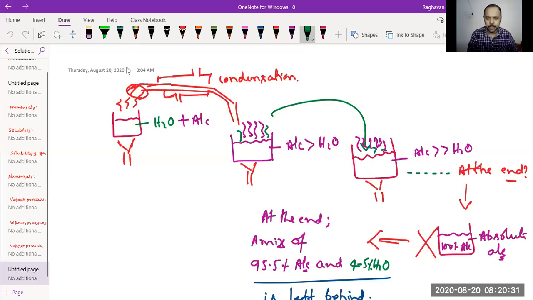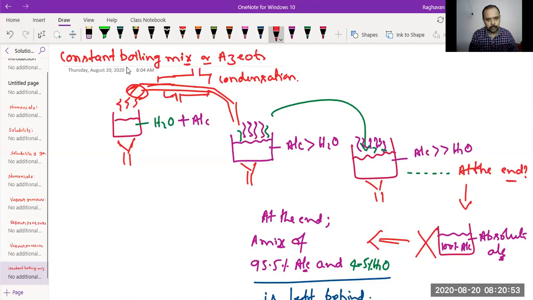And such mixtures are called constant boiling mixtures or azeotropic mixtures.